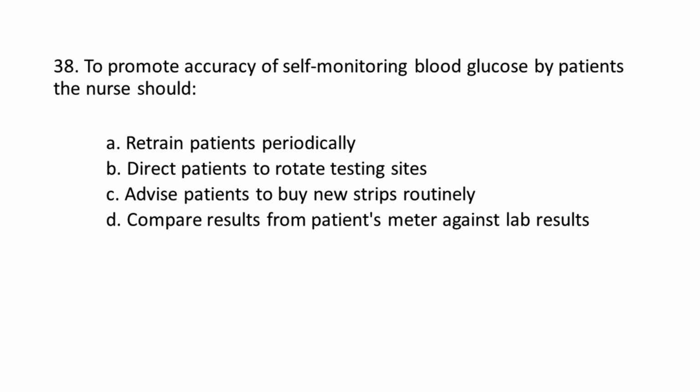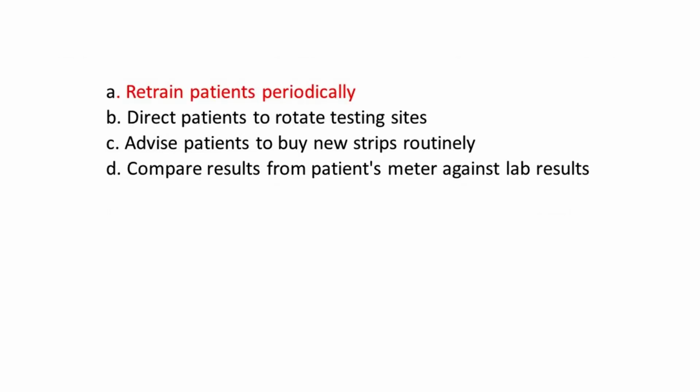B. Direct patients to rotate testing sites. C. Advise patients to buy new strips routinely. D. Compare results from patient's meter against lab results. The answer is A. Retrain patients periodically.